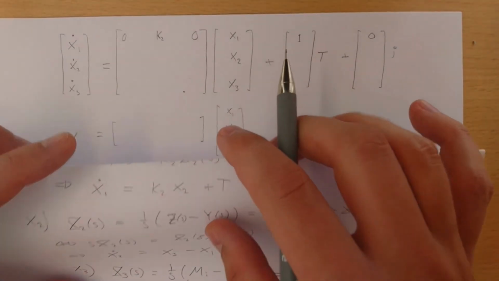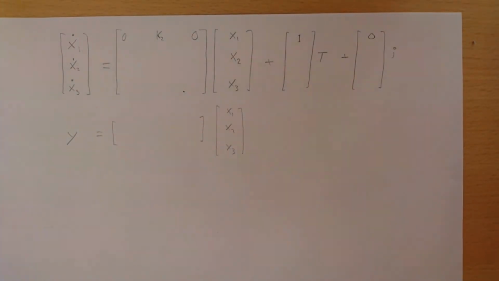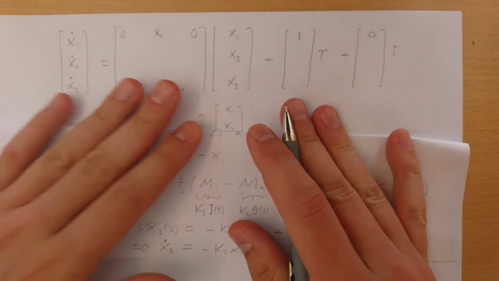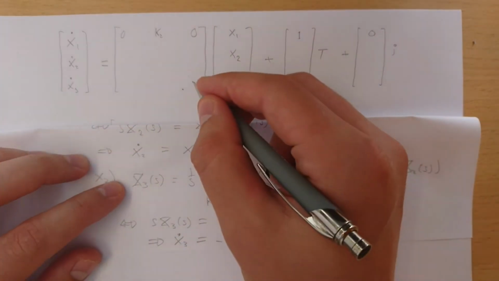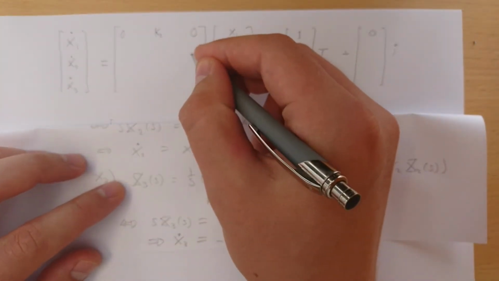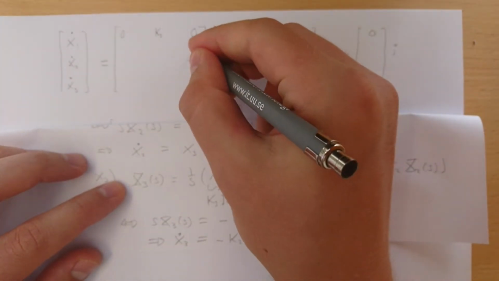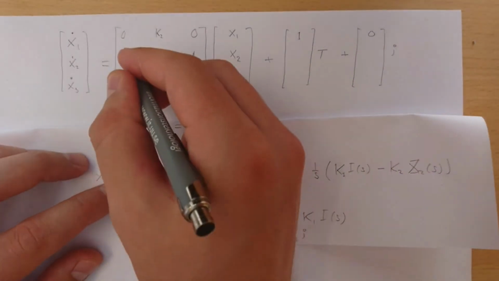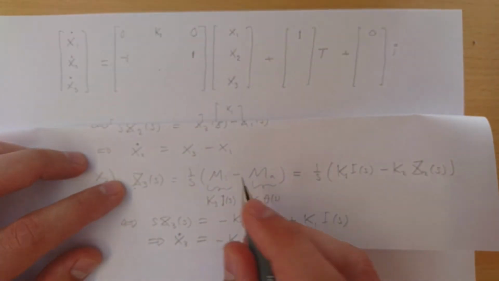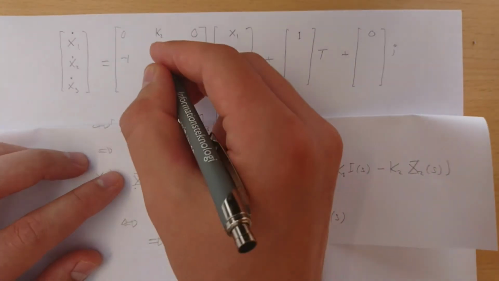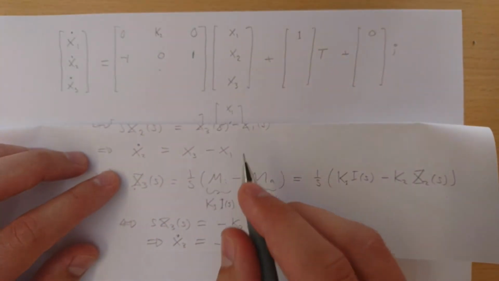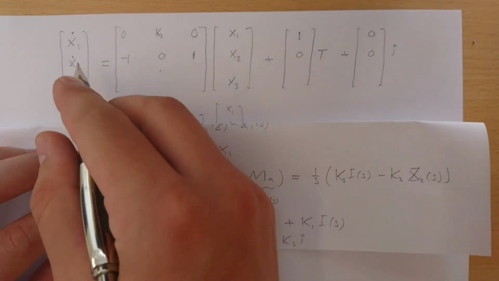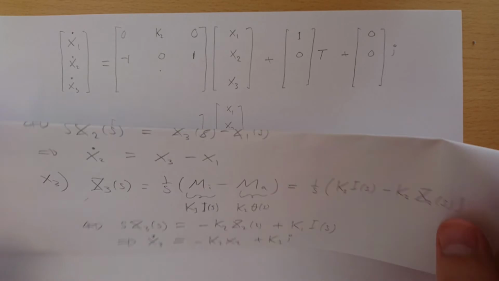And then we look at x2, for which we found that x2 dot was equal to x3, so we need a 1 at the x3 position. And then it was minus x1, so we need a minus 1 on this position, and it doesn't involve x2 itself, so it's 0 there. And then it has no additional components, so it's a 0 in both of these vectors for the x2 row.